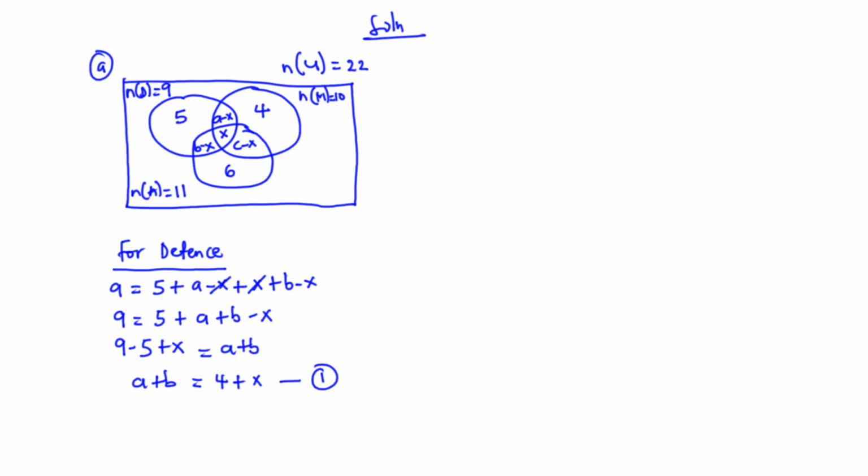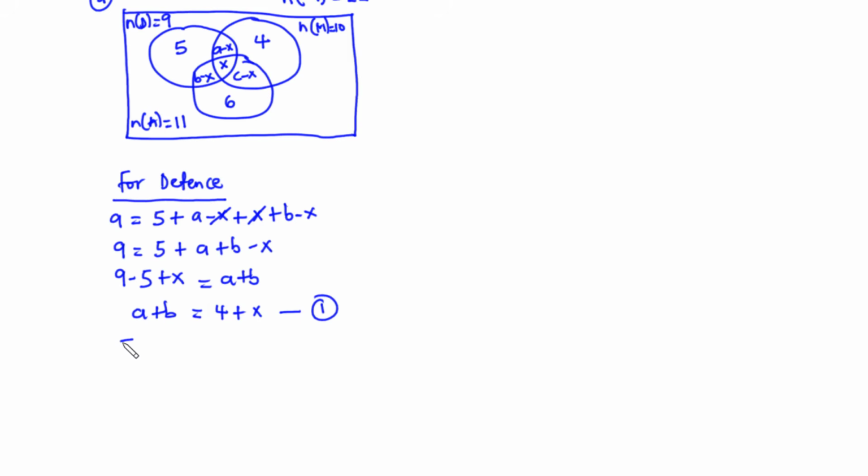Now for midfield, the number of players who play midfield is 10. So we have 10 equals everything in this circle. So we have 4 plus A minus X plus X plus C minus X. Now 10 minus 4 is 6.